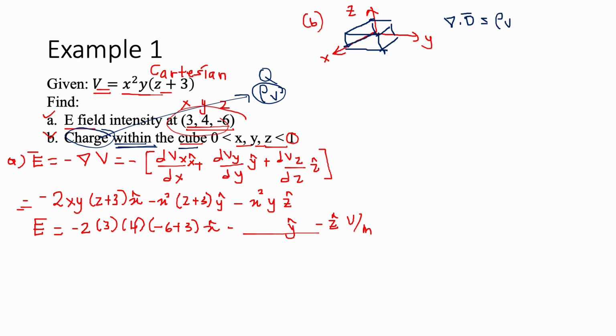And to find the total charge Q, we need to integrate rho v dv. We don't have the information of D, but we have the information of E that we obtained just now. So from that E, we can get our D, because D is equal to epsilon naught E.